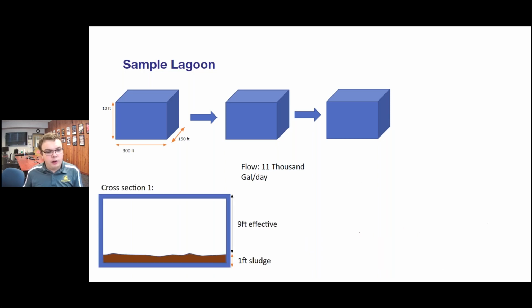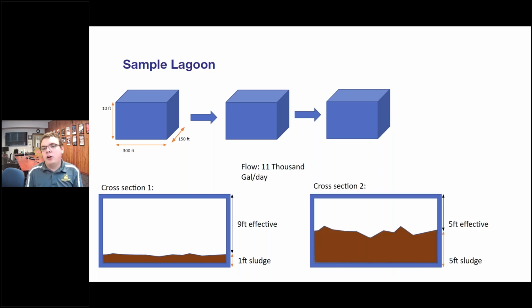The first is where you just have a 1-foot sludge layer, which is fairly standard, and about 9 foot of effective treatment space. The second cross section is meant to show what a more runaway sludge layer looks like, with about a 5-foot deep sludge layer and about a 5-foot effective treatment depth.